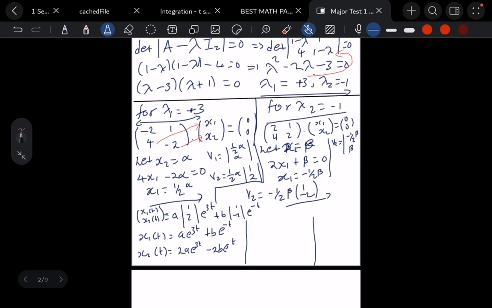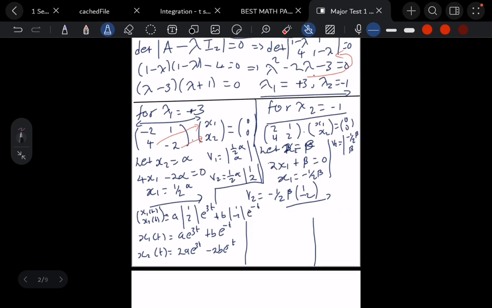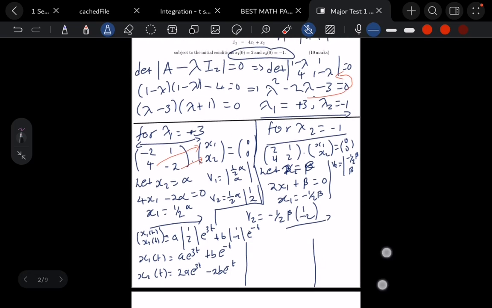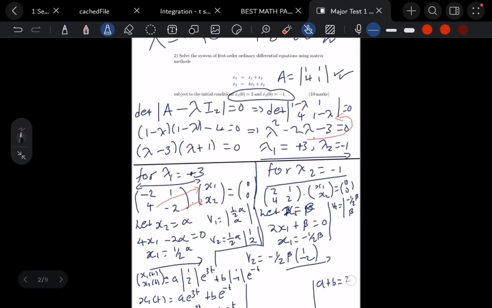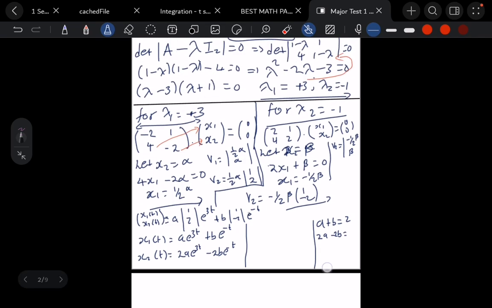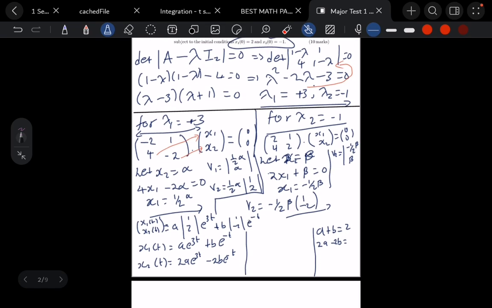To do the initial condition step, let us solve the initial conditions. So the first one, when you substitute 0 on x1, I'm going to get a plus b is equal to 2. If you substitute 0 on x2, I'm going to have 2a minus 2b is equal to minus 1. So you're going to solve it using your own method, by the way.